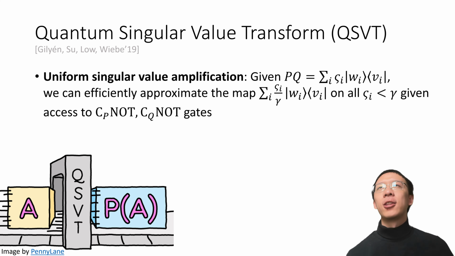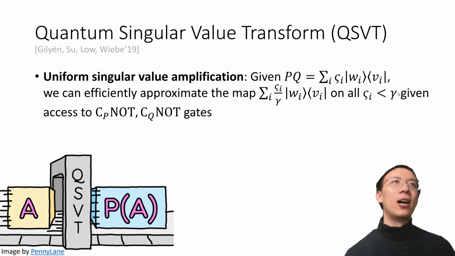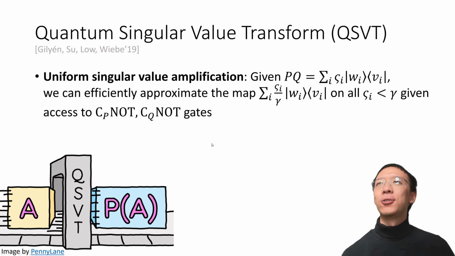On a high level, what this procedure allows us to do is that given two operators P and Q which have the following singular value decomposition, we can approximately amplify this operator by order 1 over lambda for all the singular values, assuming all the singular values are bounded by some constant gamma. And we can perform this amplification given that we have essentially black box access to P and Q.